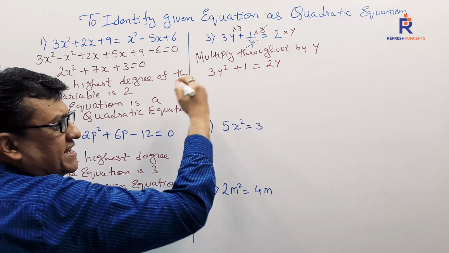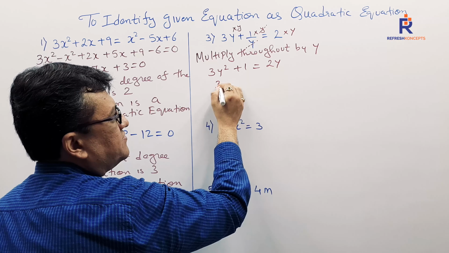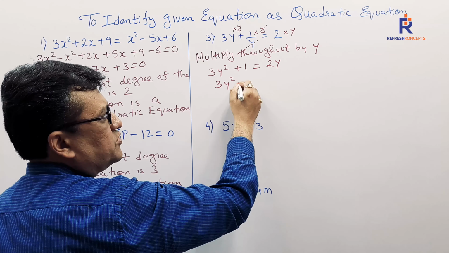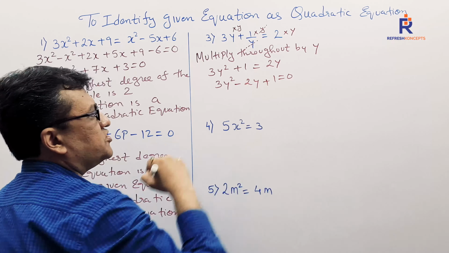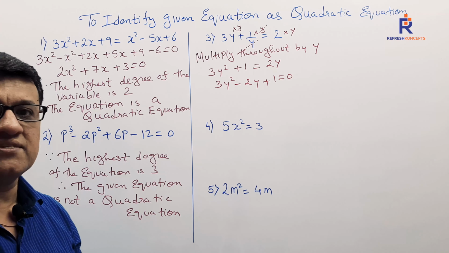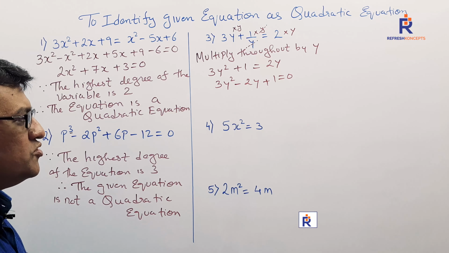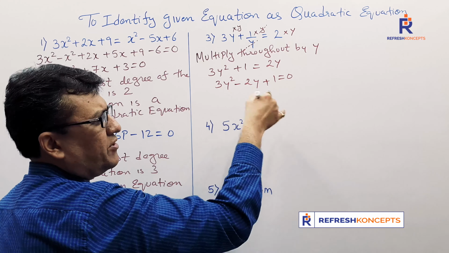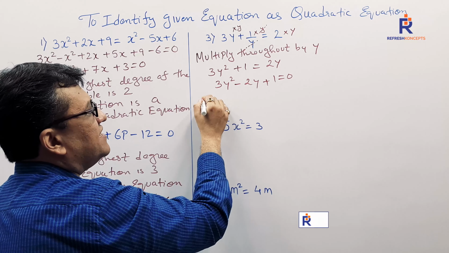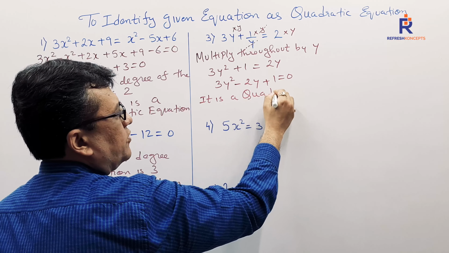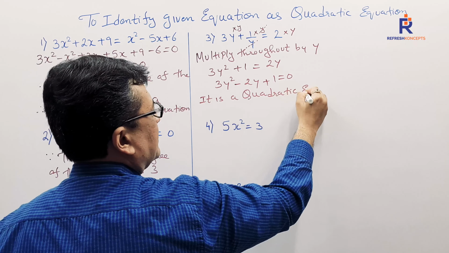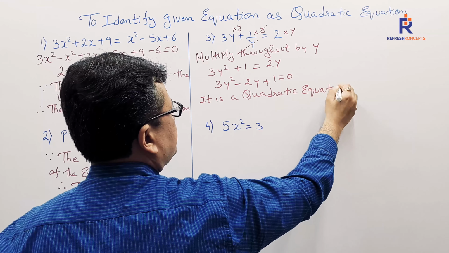Bring it to one side so as to get an equal to 0 format: 3y square minus 2y plus 1 equals 0. Children, what is the highest degree? The highest degree is 2. It is a quadratic equation. I will not write down the highest degree now. I shall simply say it is a quadratic equation.